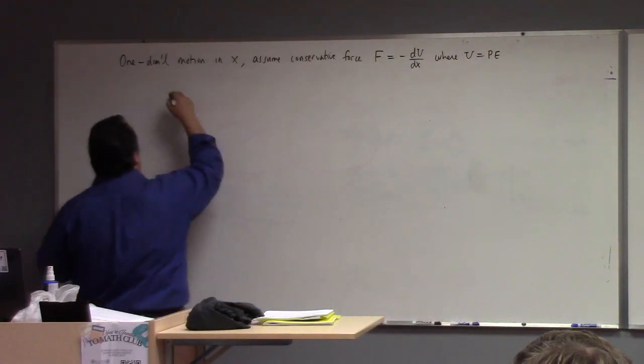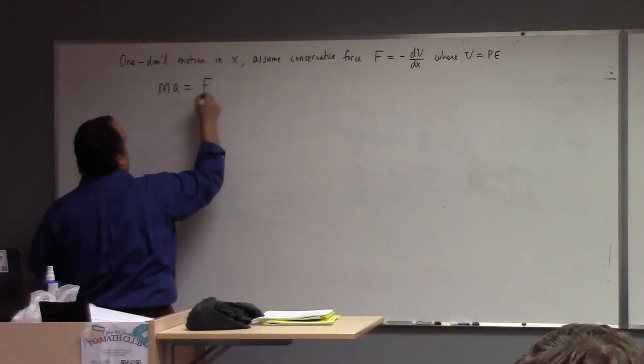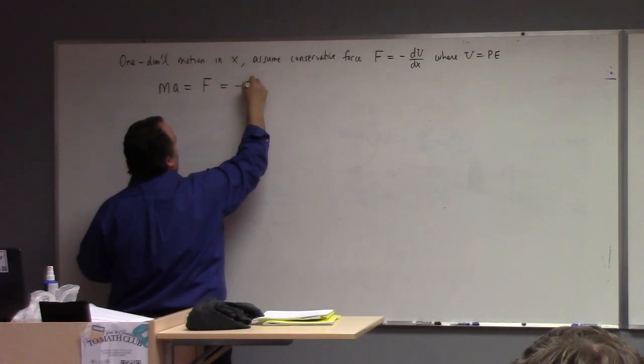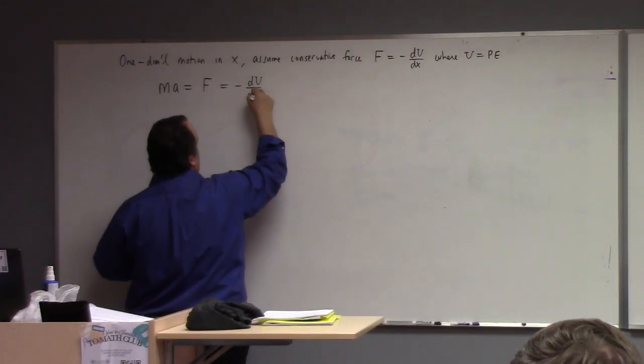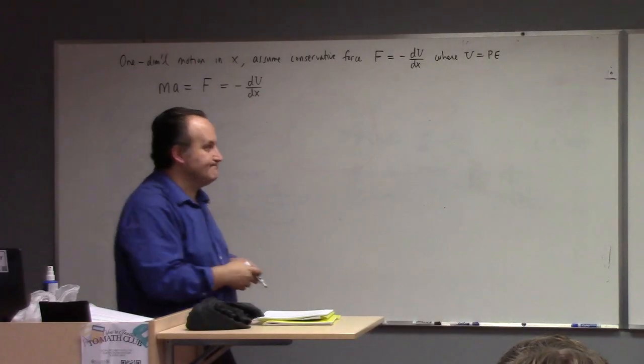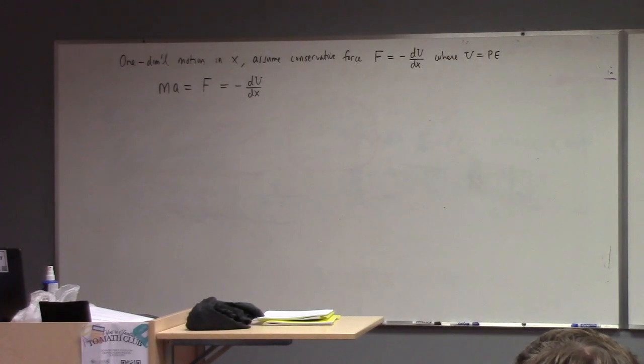So you guys know the deal. Mass times acceleration is equal to the force, right? But that's equal to minus dU/dx in our current context, right? But what more can we say? Acceleration is what? dv/dt, right?